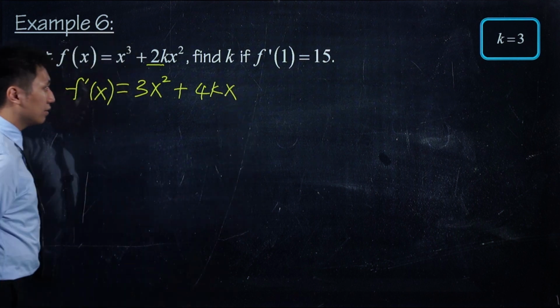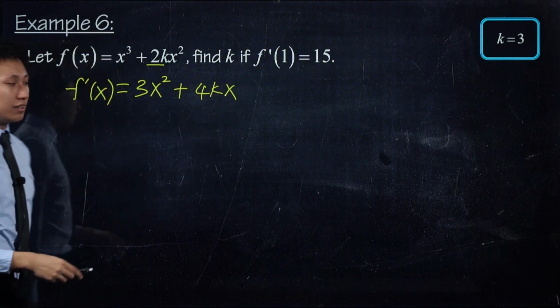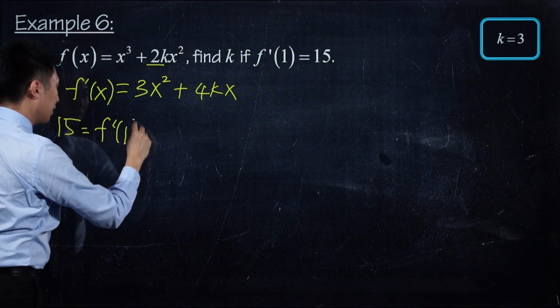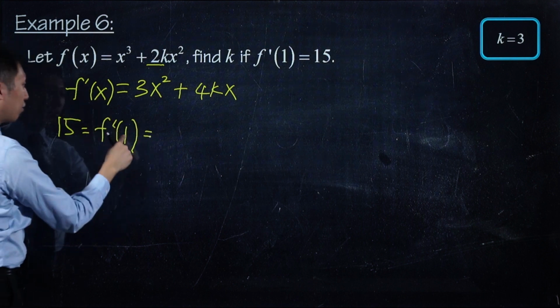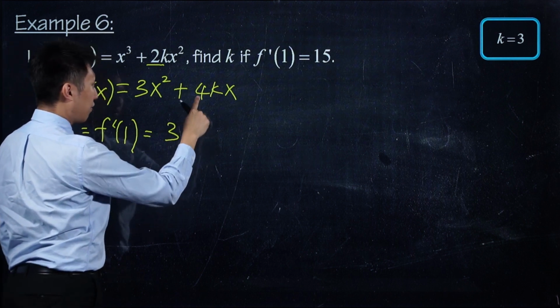So f prime of 1, I substitute 1, and I'll get 15. So 15 is equal to f prime of 1. Substituting 1 into x here, what do you get? 3 plus 4k.